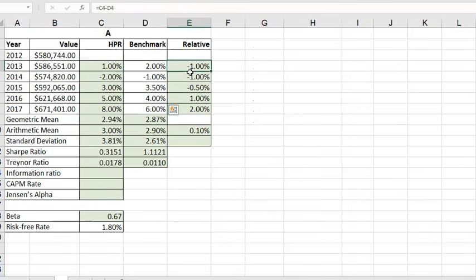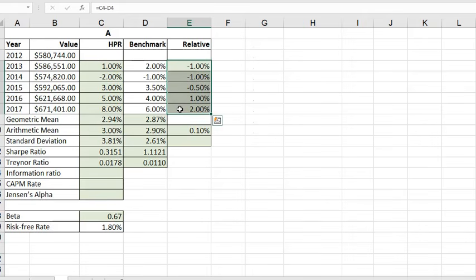Now, obviously, we would like these relative returns to be as positive as possible. If we're a passive investor and we're trying to match this benchmark, then these relative returns here should be small. If we're an active investor, then these returns here should be large. And so we're either trying to match that benchmark and have these small, or we're trying to beat the benchmark and have these large.